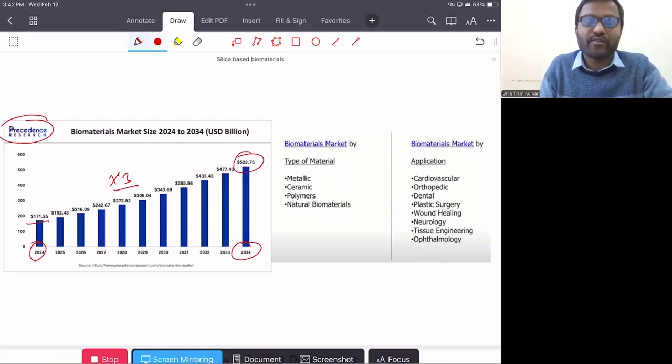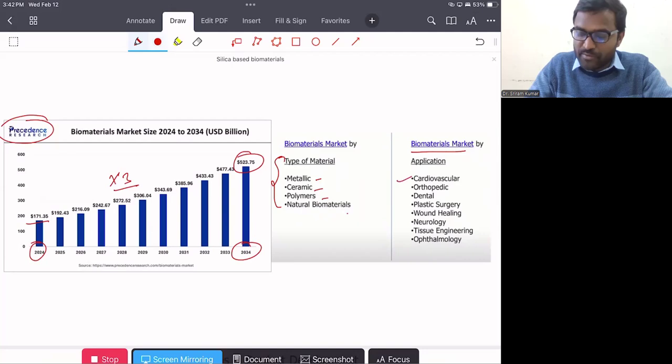So if you are looking for a job, or maybe a career in biomaterials, you have a bright future in these areas based on that data. When you think about the market size, the biomaterials market can be divided based on the types of material we use, maybe metallics, ceramics, polymers, and biomaterials. And we have a different classification based on application.